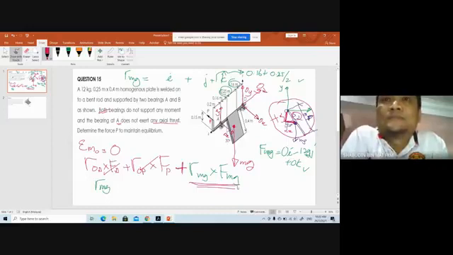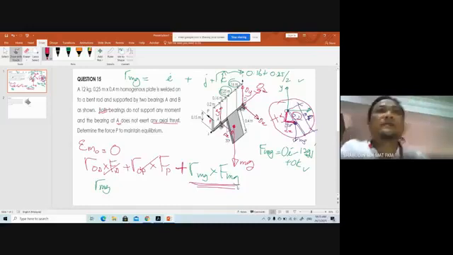You may do summation of moment at point O equal to 0. Then you tell me, for the question, what to do so that you can solve this in 15 minutes, because the question asks you to get P only.